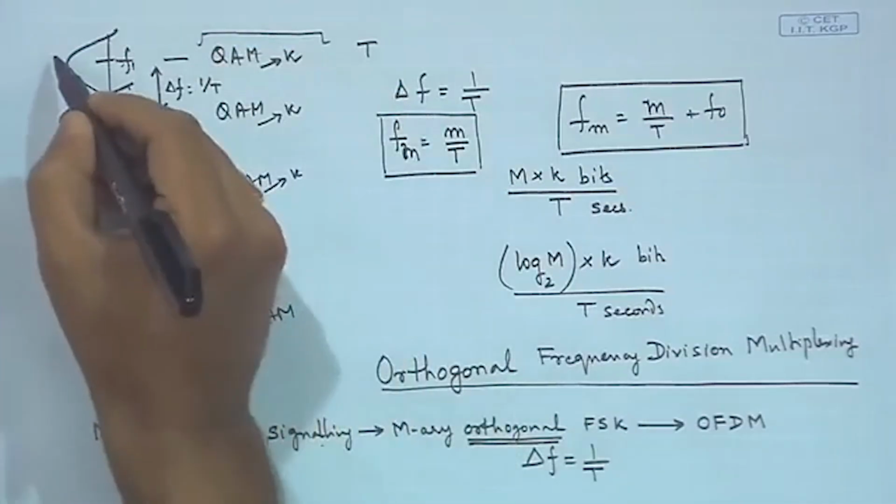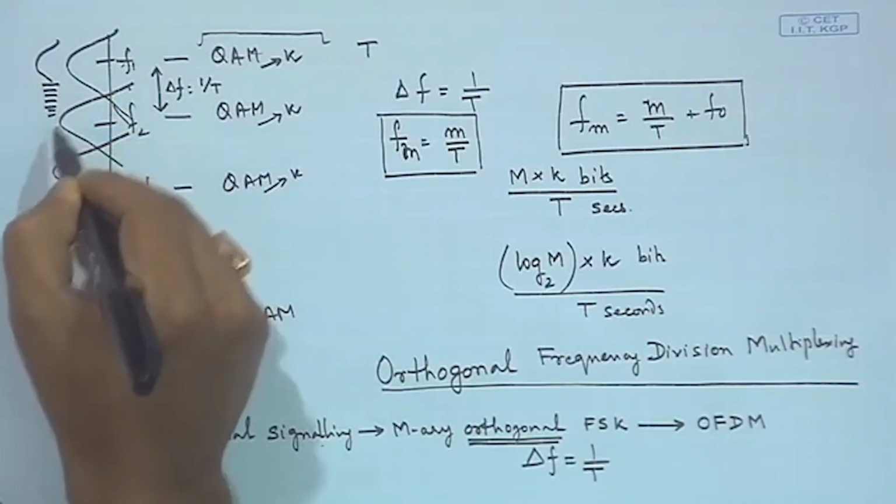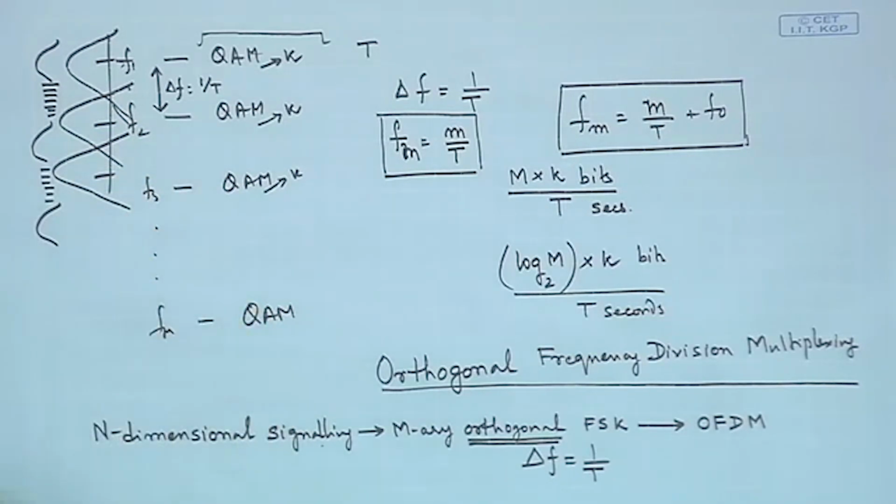Since we are doing orthogonal, we are doing the closest packing possible, 1 upon T, and by means of this you are saving a lot of bandwidth, and that is one reason why this has been used in many wireline modems to provide very high spectral efficiency, many bits per second per hertz. Because if you had a frequency separation, you would have used a frequency over here, some guard band, and then another frequency, some guard band, then another frequency. So, your efficiency of using the spectrum would have been less.